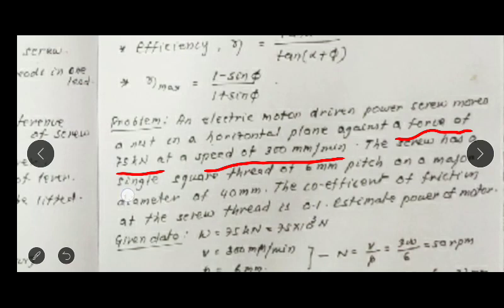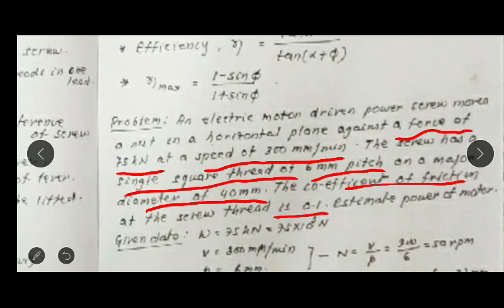The screw has a single square thread, that means we are going to use tan alpha equal to P by pi d, and 6 mm pitch equal to 6 mm, on a major diameter of 40 mm, that means DO equal to 40 mm. From this DO and P, we are going to determine the mean radius, the mean diameter of the screw. Coefficient of friction, which is mu, will be equal to 0.1.